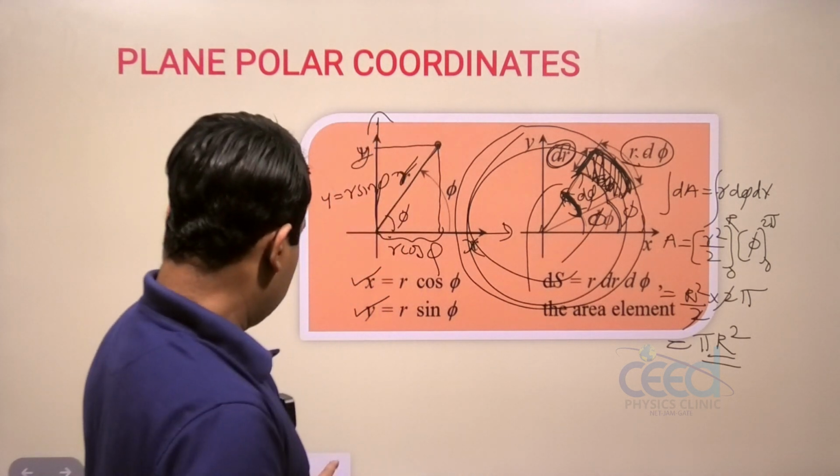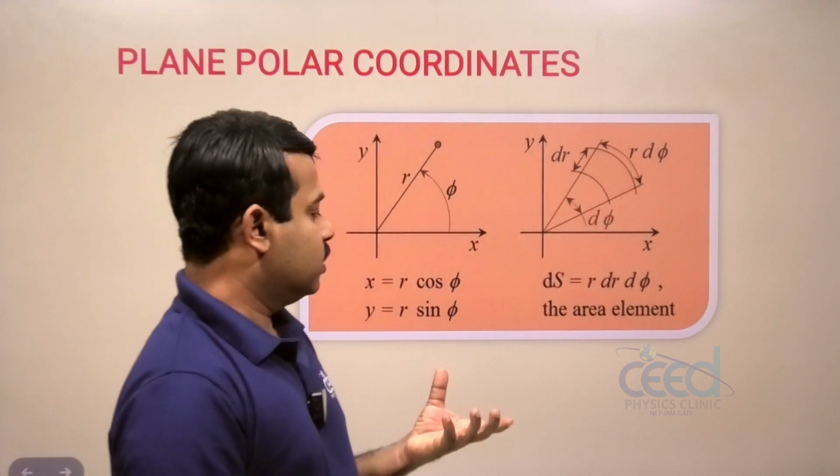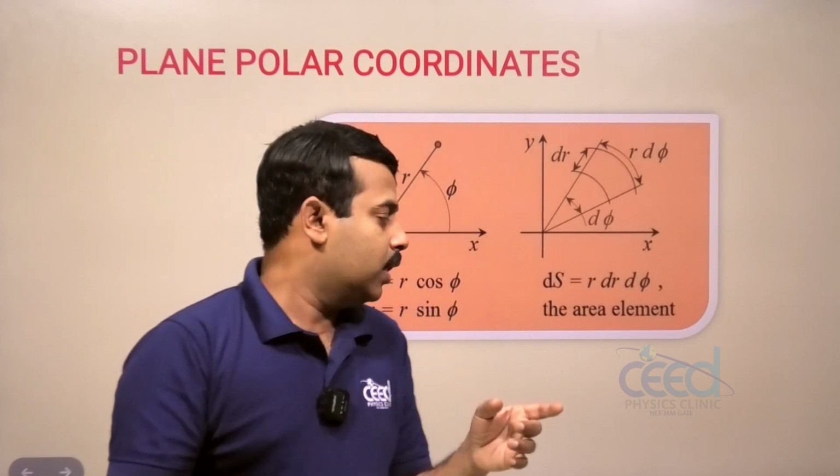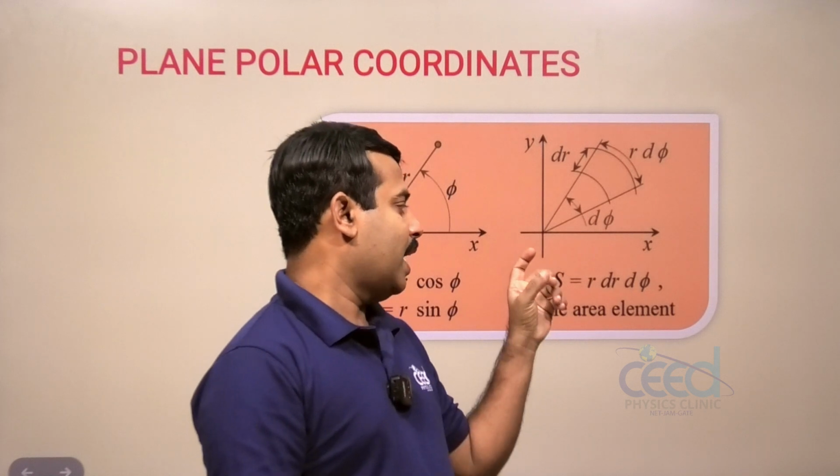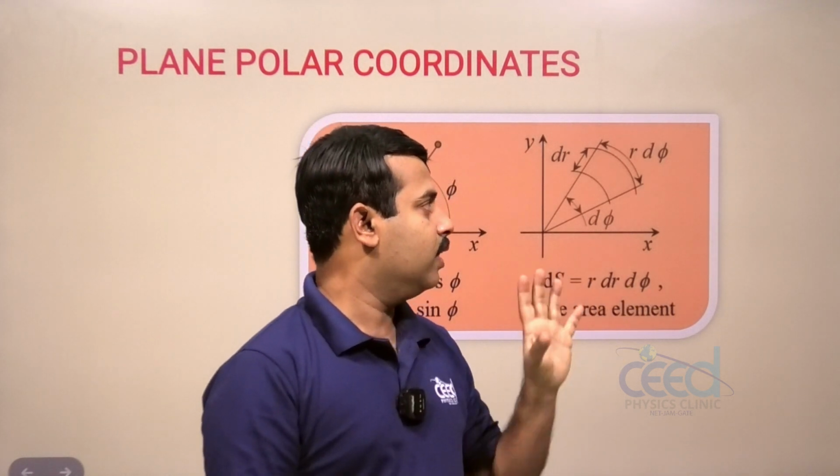So in the plane polar coordinate system, x is represented by r cos phi, y is represented by r sin phi, and dS is equal to r dr d phi.